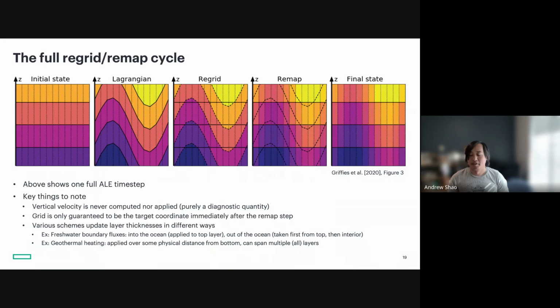Similarly for geothermal heating, right, maybe we think if we're in a Z coordinate model that the bottom layer is 1,000 meters thick, how can we possibly spread the geothermal heating over anything resembling that? Well, that doesn't really apply because the bottom layer might actually be this vanished layer. It might be that the bottom 20 layers are all vanished, right? So we now have to think about how we actually are distributing this all in the bottom or along the bottom and can maybe span all the layers.